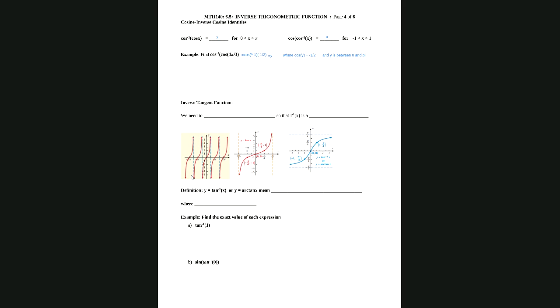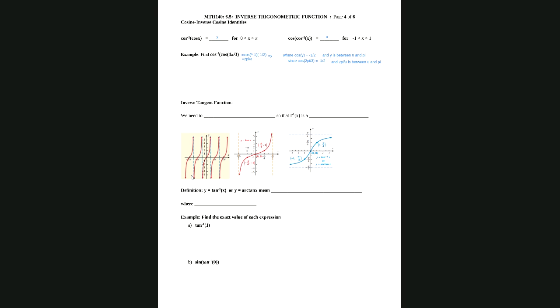And since the cosine of 2 pi over 3 is equal to -1/2, and 2 pi over 3 is between 0 and pi, we end up with the answer being 2 pi over 3.